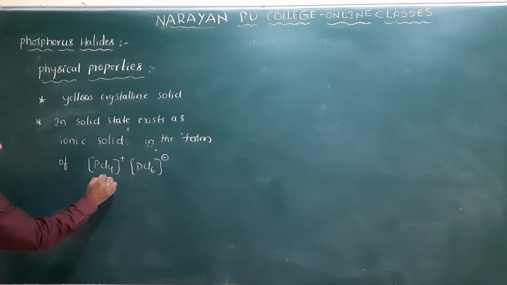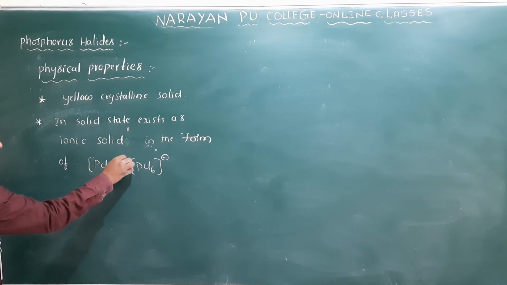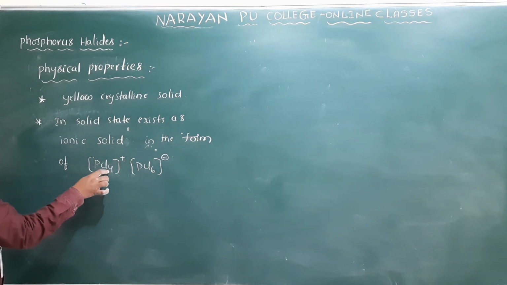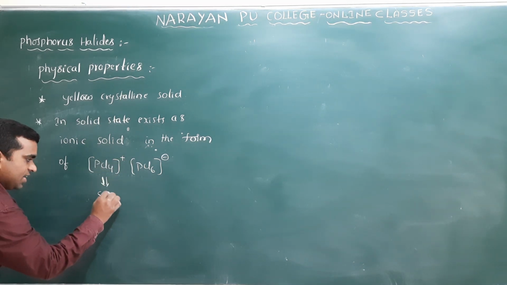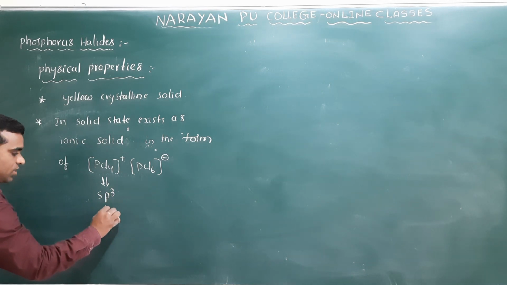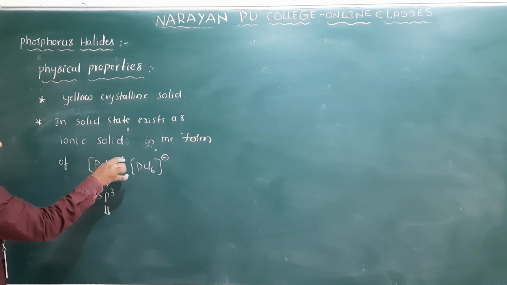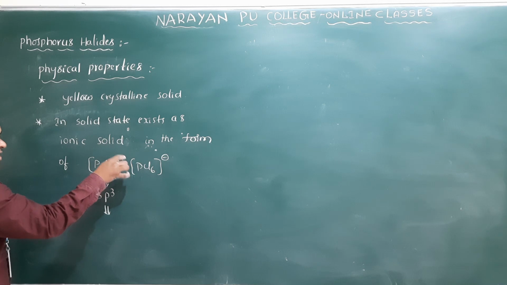What about PCl4 plus? How many bond pairs are there? 4, which means the hybridization is sp3, and there is no lone pair because phosphorus is donating its pair of electrons and converting to positive.